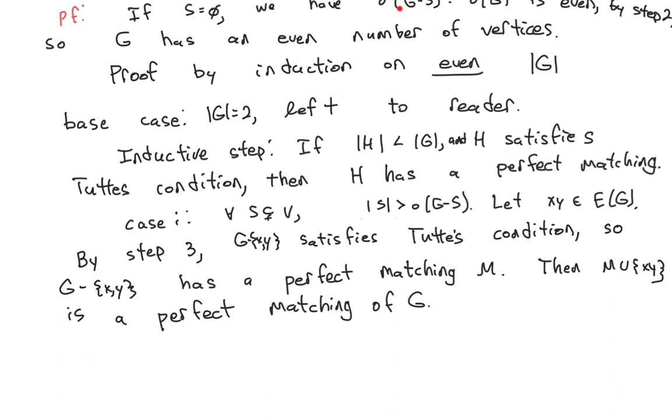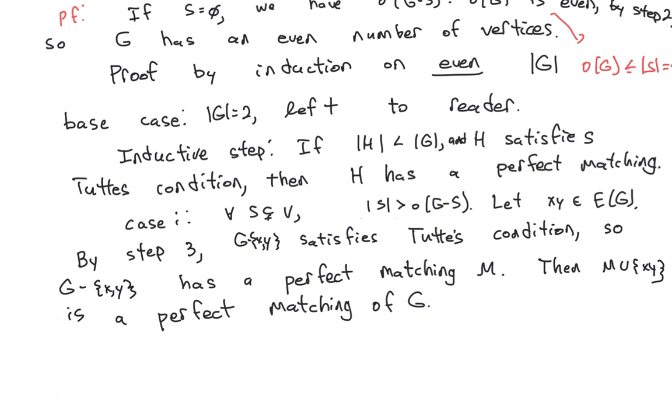One thing worth noting is there has to be an even number of odd components, but more importantly, by Tutte's condition, this number is at most the size of S, which is 0. And so in particular, if Tutte's condition is satisfied, then there are 0 odd components, which means every component of G is even, which means the number of vertices of G has to be even.